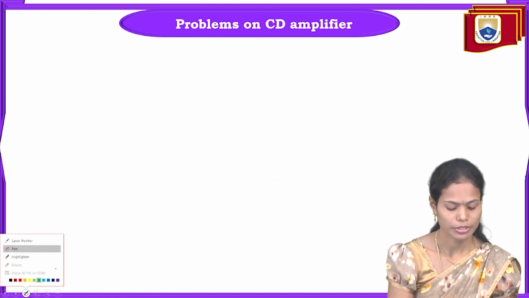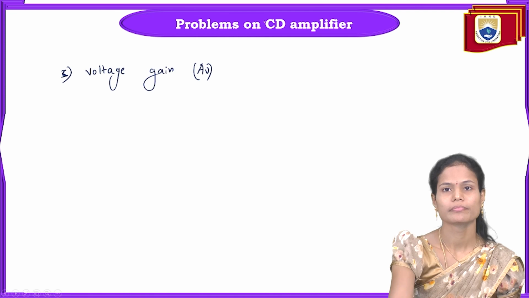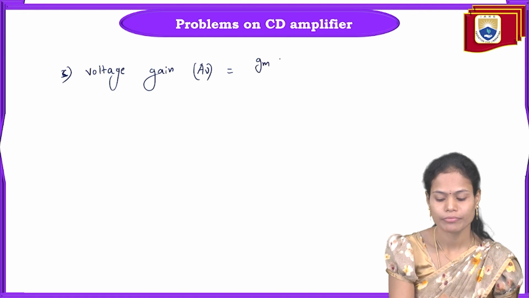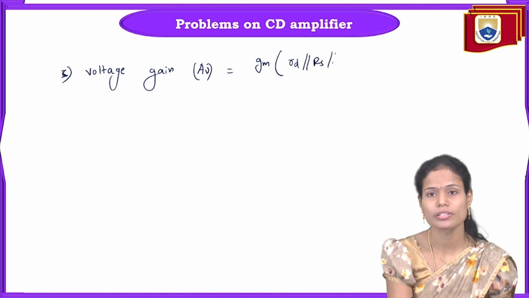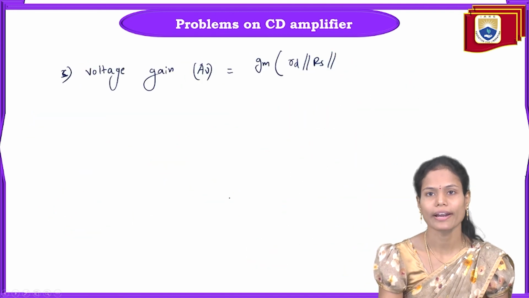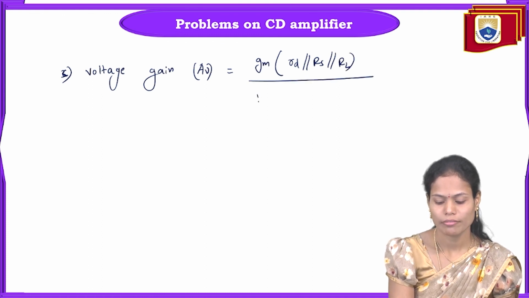The next parameter we need to calculate is the voltage gain A. To calculate the voltage gain, we have the formula GM into the parallel combination of RD resistance and RS resistance. Here we are also having the load resistance in the given circuit, so we have to take that load resistance into consideration also. Divided by 1 plus GM of RD parallel with RS parallel with RL.